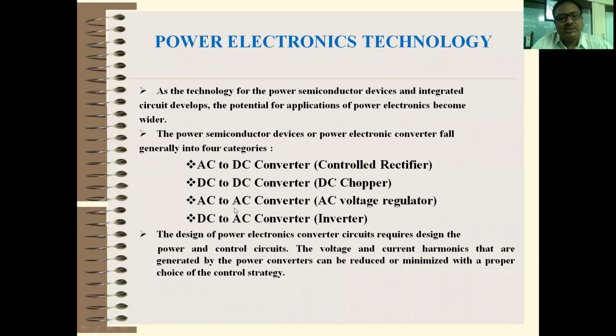So supply voltage is AC 50 hertz, but the output of that converter is a high frequency signal, right? So AC to AC. We discussed DC to DC, fixed DC to variable DC, but here it is fixed AC to variable AC, or fixed frequency to variable frequency.